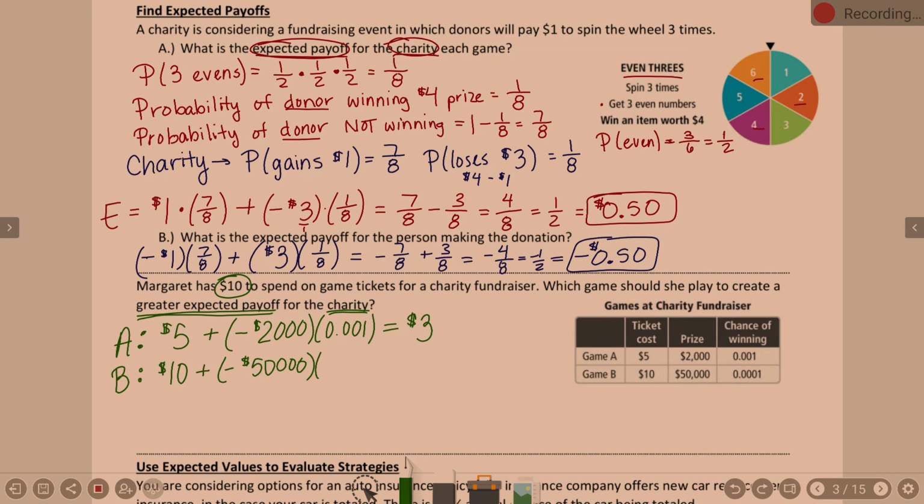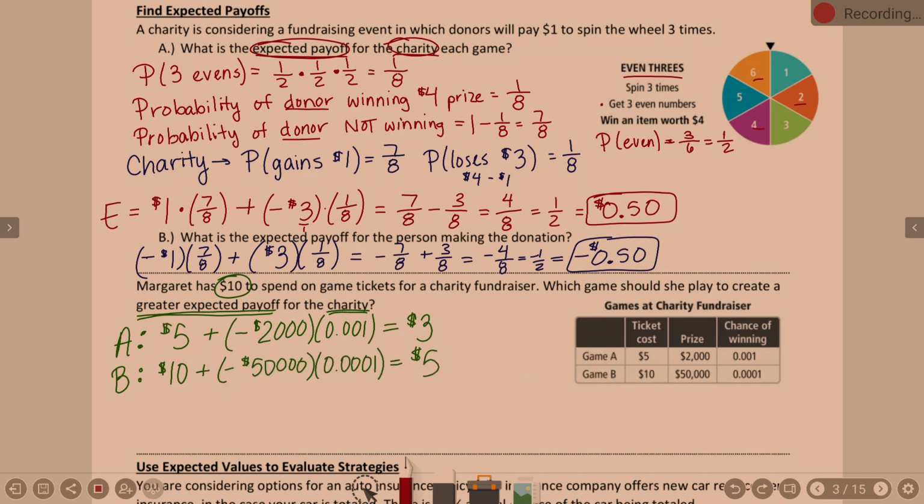And the chance they lose that 50,000 is 1/10,000th, right? So 1/10,000th of 50,000 is what? $5. You take that and subtract it from the $10 that you paid them, and you're at $5, yes?